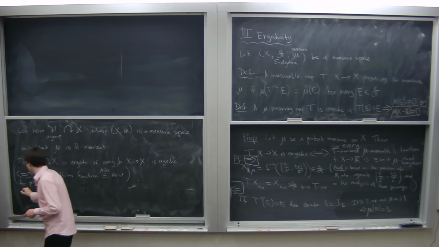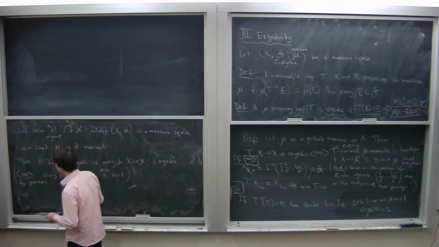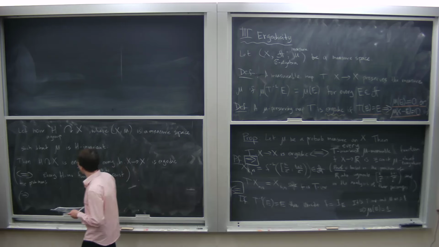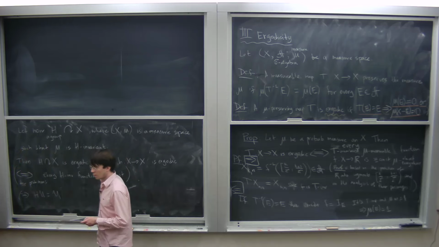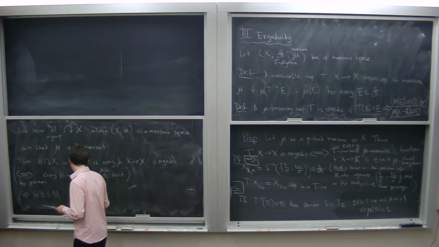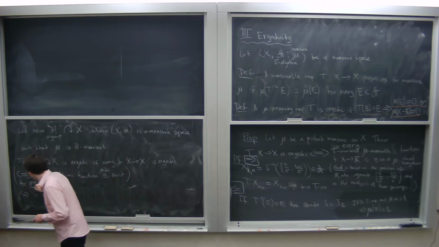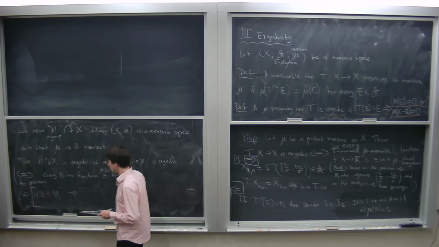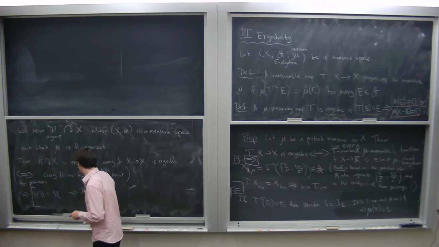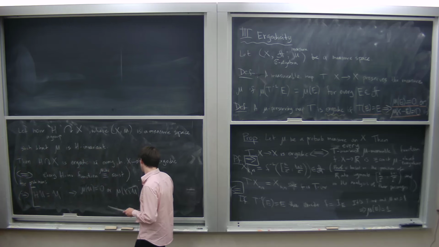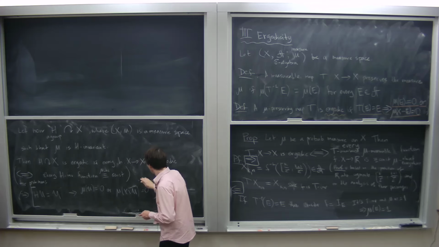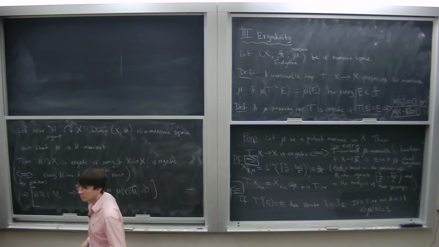This is also equivalent to: by definition, I have an invariant set, so if HU equals U, then the measure of U is 0 or the measure of X minus U is 0, since definitely I can translate it to every element.